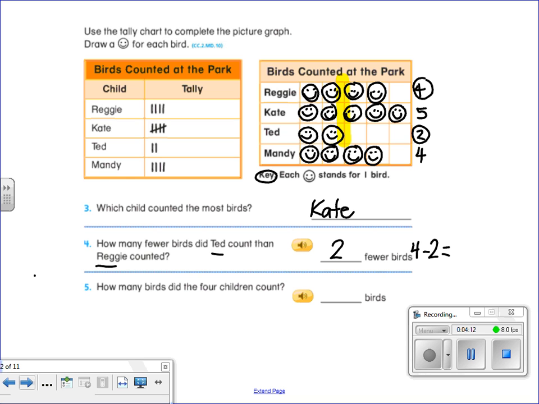I'm going to get the same answer either way, right? So what is that answer? Tim? 15 is correct. Okay, 15, 4, 5, 6, 7, 8, 9, 10, 11, 12, 13, 14, 15. And then if we add these together, 2 plus 4 is 6, and 4 plus 5 is 9, and 9 plus 6 equals 15.